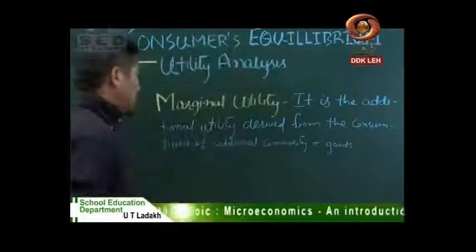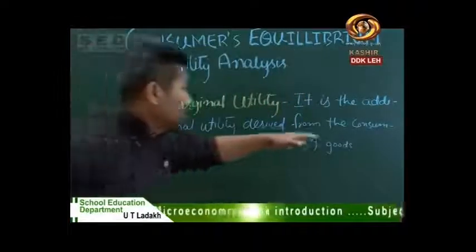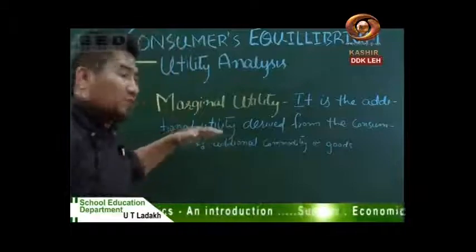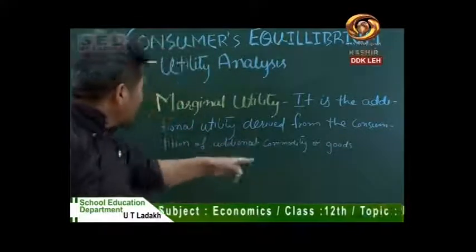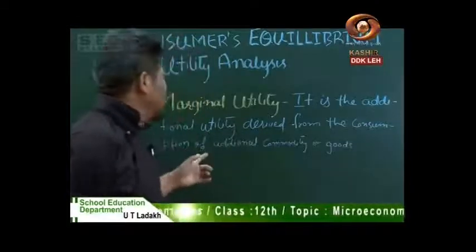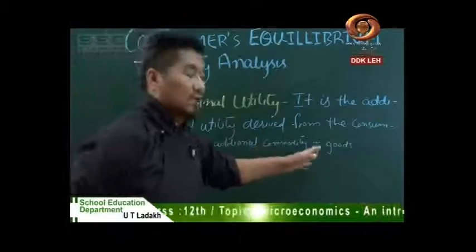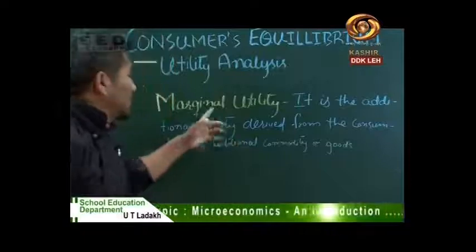So marginal utility means the additional utility. Additional means the extra utility that we derive from the consumption of an additional commodity or additional goods. This is called marginal utility.